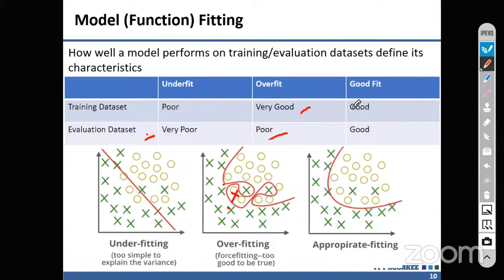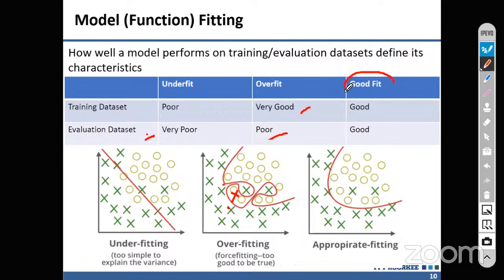So we will require an optimized number of neurons and different layers, such that it makes some error in the training. It will not predict everything correctly. It is not very good in the training, but in the testing also it will not be very poor. In the testing also it will be good.